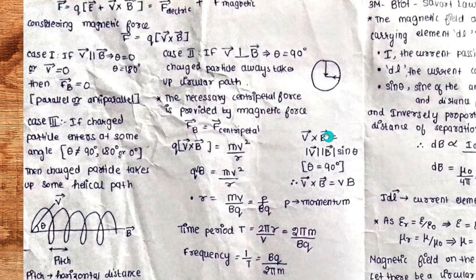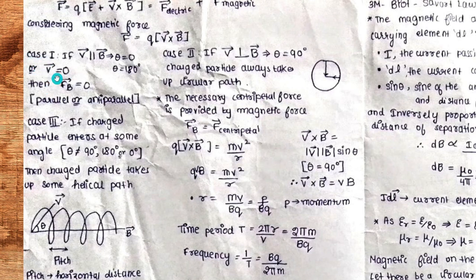So v cross B becomes 0. That is, if v bar is parallel (theta is 0) or anti-parallel (theta is 180) to B bar, the force is zero. Or there is one more condition.